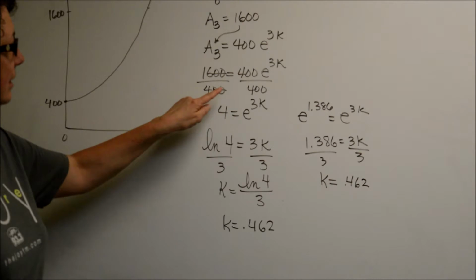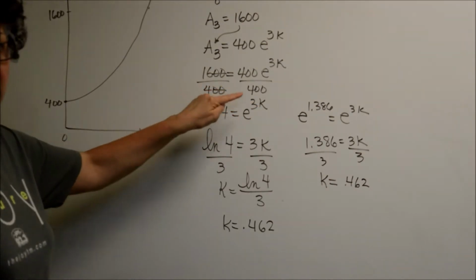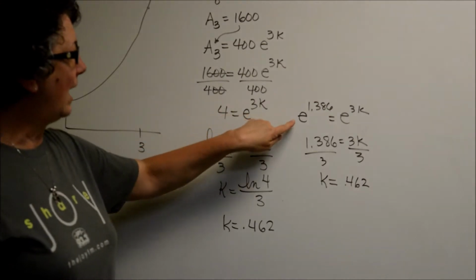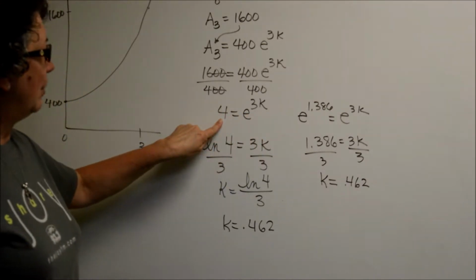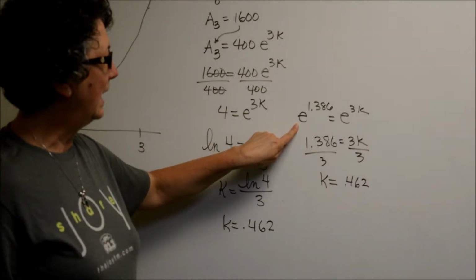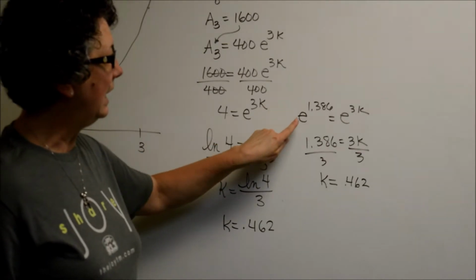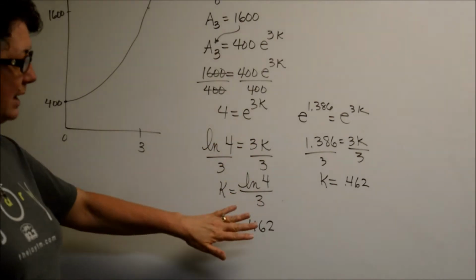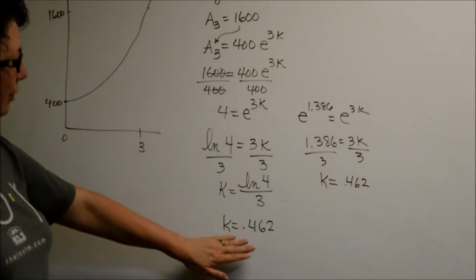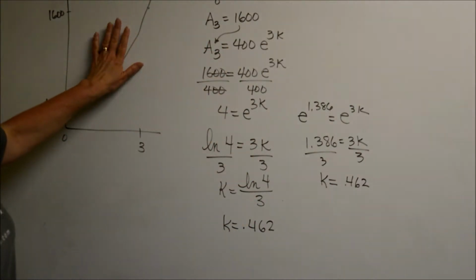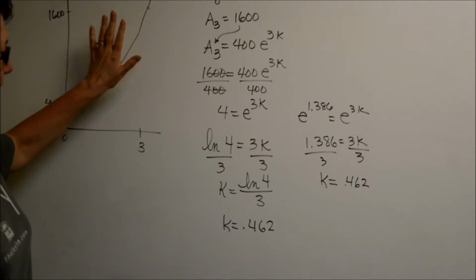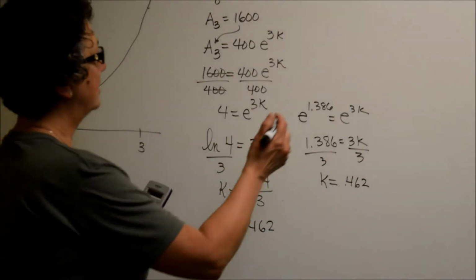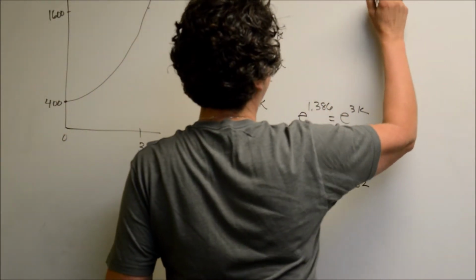I can either take the exponential equation and write it in log form, or I can take my 4 and write it as a power of e, and then my exponents have to be the same. Either way is fine.